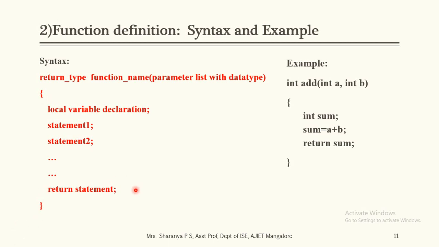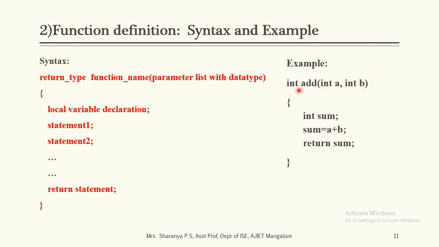At the end, we write the return statement. As an example, add is the function name here, int is the return type, and we are using two parameters a and b, with their data types mentioned: int comma int.